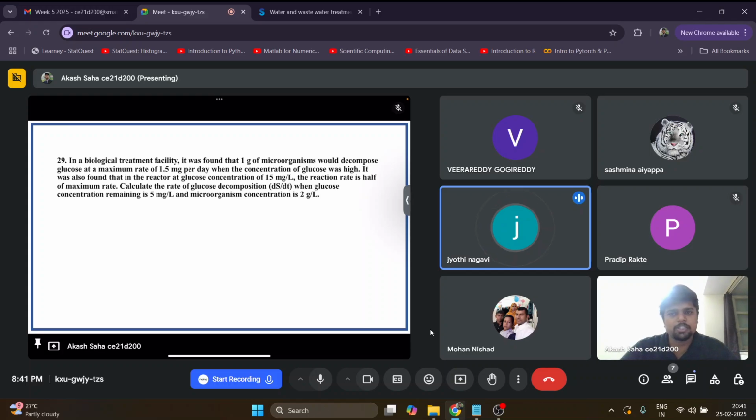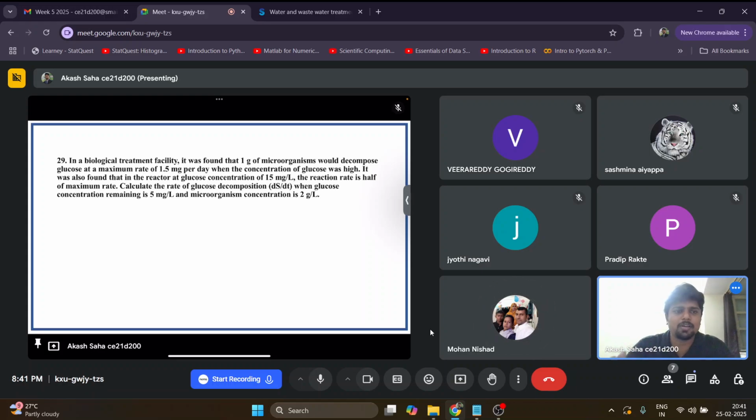So 1 gram of microbes is what you are saying is mu. Whatever you are saying, it is not 1.5 mg per day. It should be 1.5 mg per milligram of VSS per day. So that 1 gram of microorganisms also has to be taken into consideration. If it is 2 grams, then 1.5 by 2 will come. Since it is 1 now, it is not affecting your parameter, but ideally it should be 1.5 by 1.